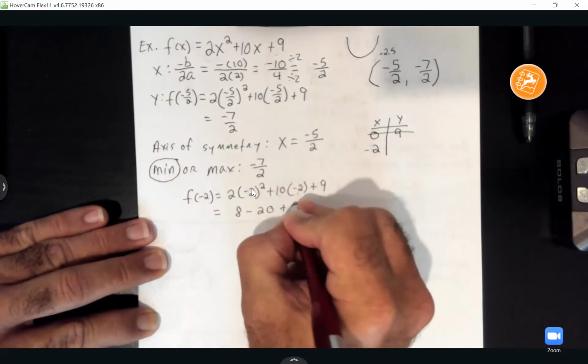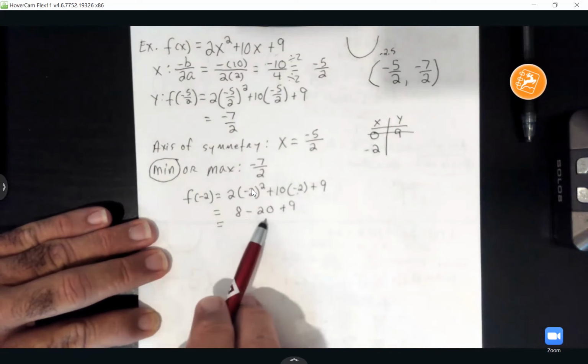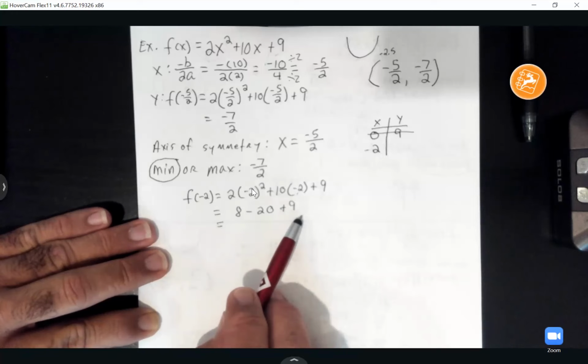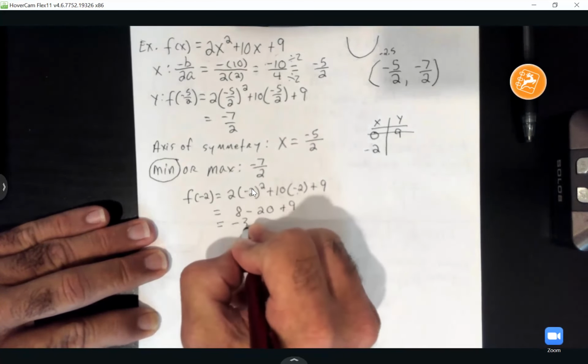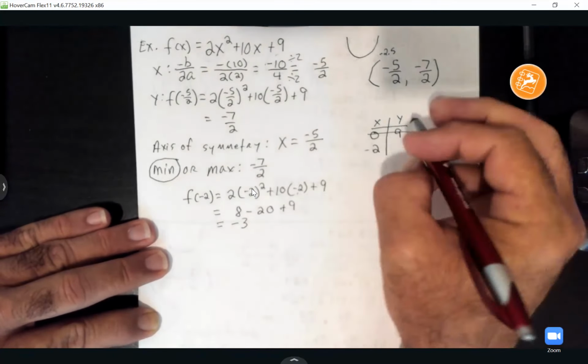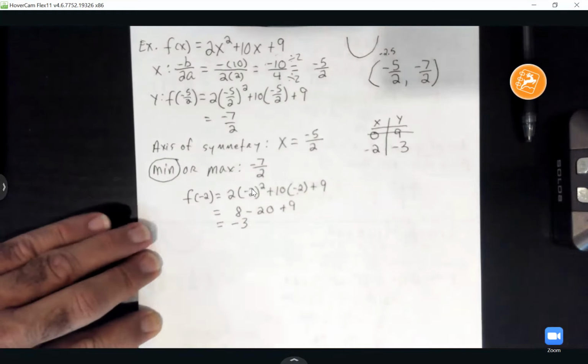And then plus my 9. So let's see what we get. 8 minus 20 is a -12. -12 plus 9 is a what? -3. So when my X is -2, my Y value is -3.